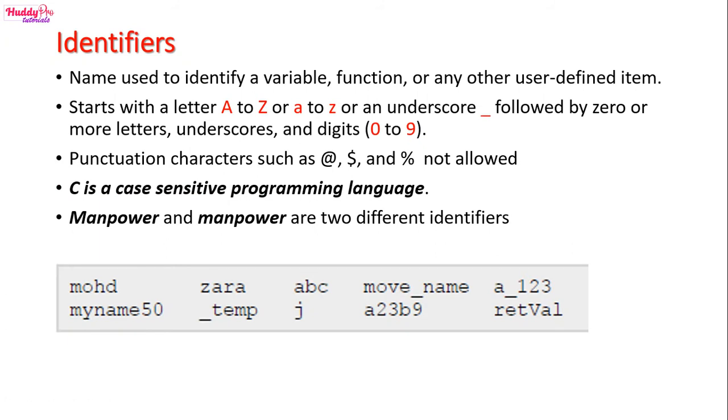Let's talk about identifiers. A C identifier is a name used to identify a variable, a function, or any other user-defined item. An identifier starts with a letter capital A to capital Z, or small a to small z, or it can start with an underscore. This is what we call an underscore.